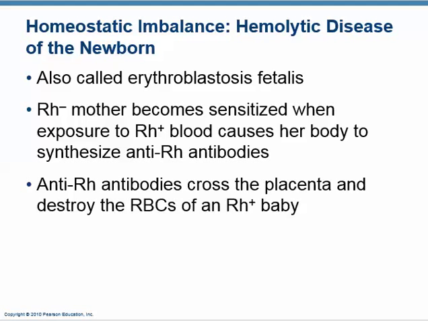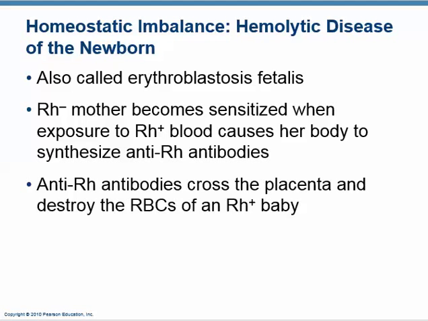When they go full term and she goes into labor, the bloods actually mix, and the Rh negative mother will make anti-Rh antibodies to attack the baby's blood. But usually in the first pregnancy, that doesn't matter. The baby's born before the mother can make enough antibodies to affect the baby.